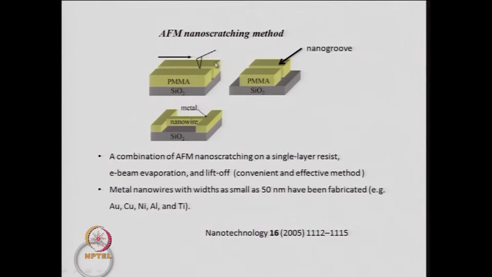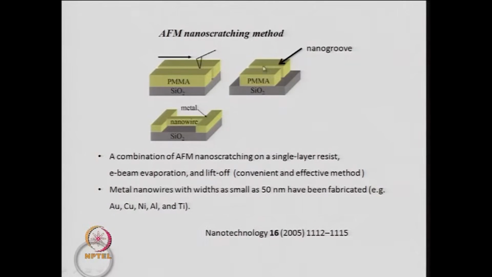Then it removes, makes a cut on this part. So, what you see is on these edges the polymer is not there, and in the center the polymer is not there. So, it makes what is called a nano groove at the center, and at the edges also you see there is no more polymer, and the silica is visible here.